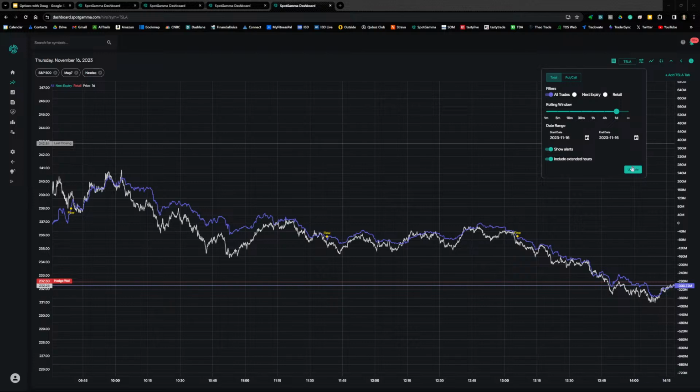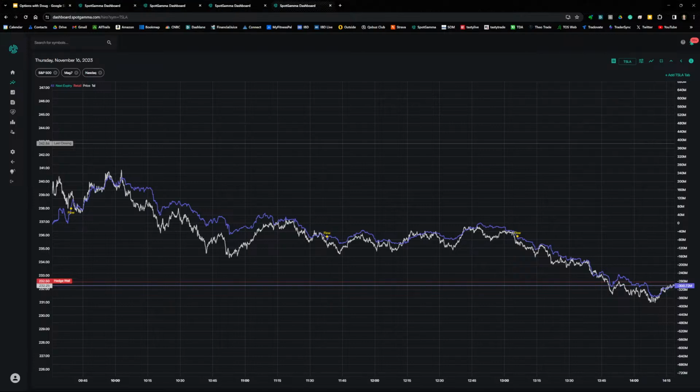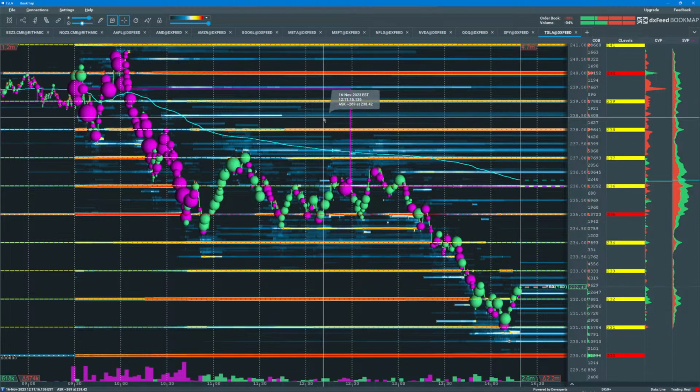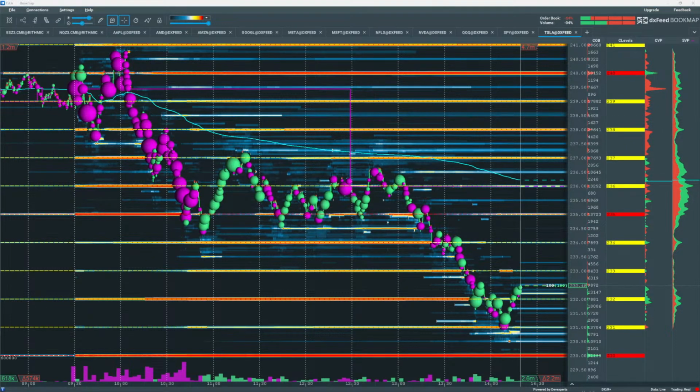Let's go take a look at Bookmap. And after moving below VWAP, Tesla could not make it up to that level. 10:30 pullback, 11:15.